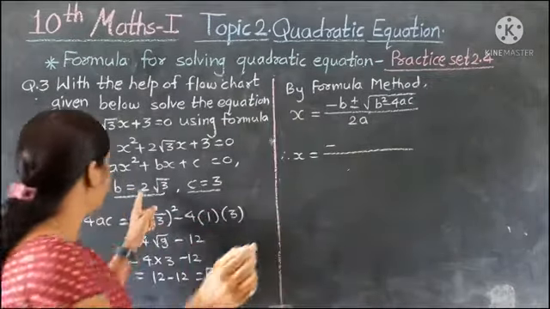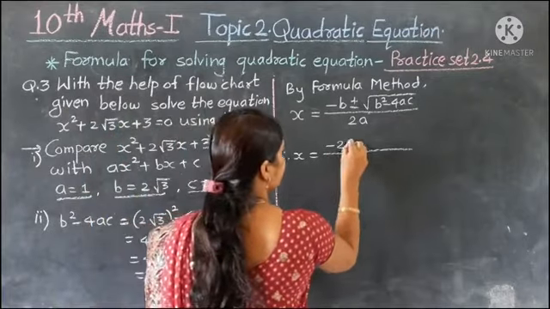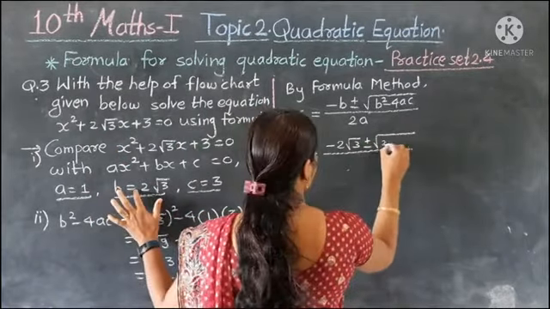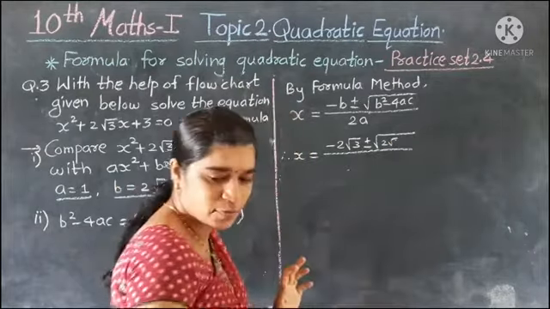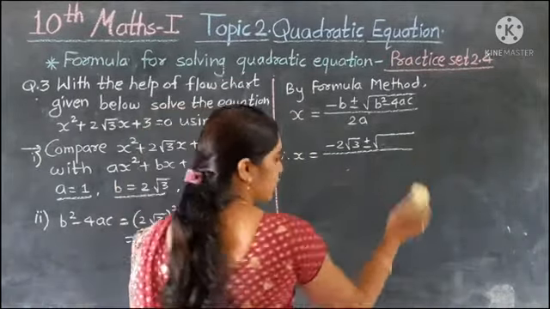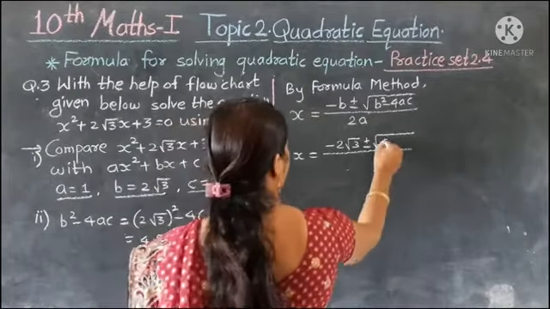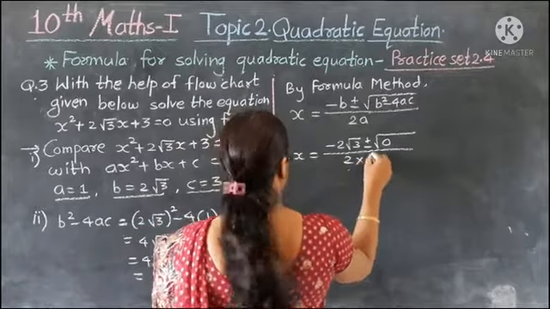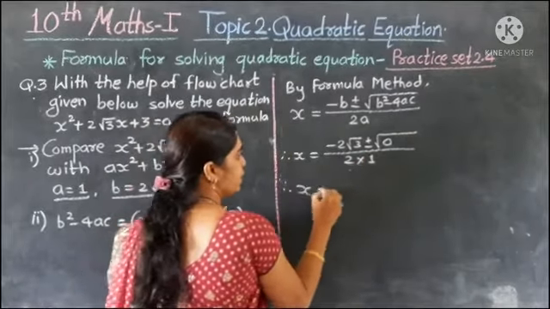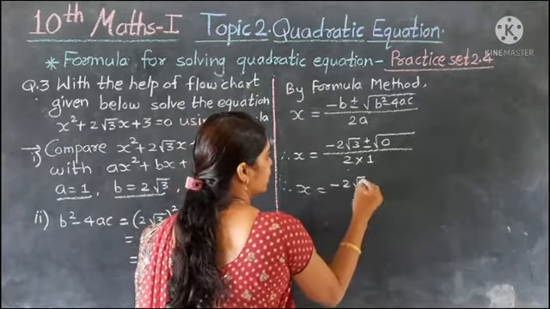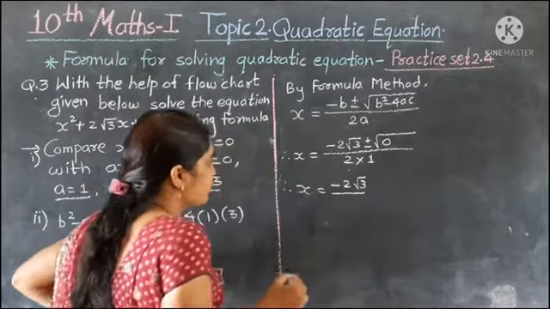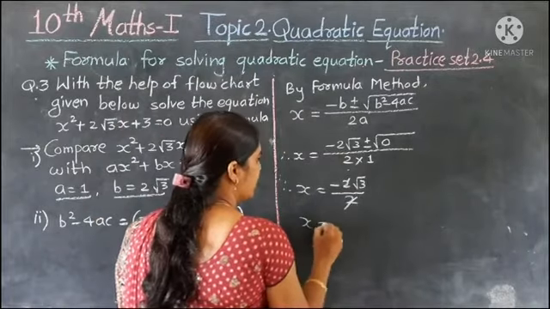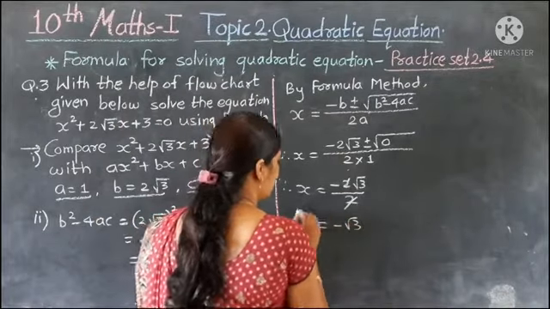Minus b, which is 2 root 3, plus or minus root of b square minus 4ac, which you have calculated as 0, upon 2 into a, which is 1. So we get x is equal to minus 2 root 3 upon 2. The 2s get cancelled, so x is equal to minus root 3.